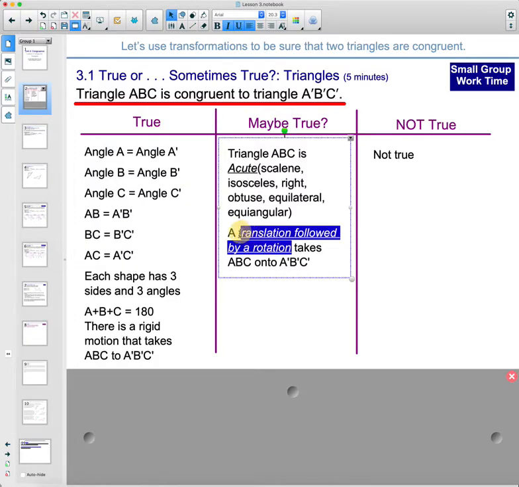This specific language about what type of rigid motion, we don't know that. We don't know if it's a translation, a rotation, a reflection, or any combination of those. So we have no idea about that.